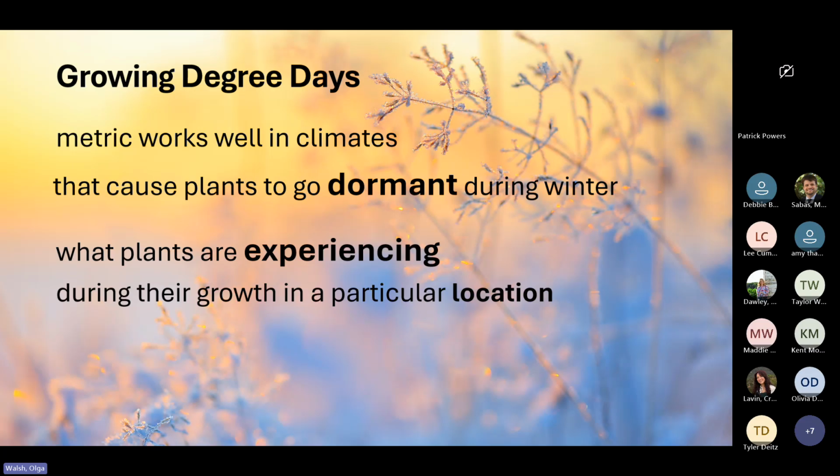So growing degree days helps us to standardize this. GDD is a value that is obtained as a sum of mean daily air temperatures throughout the growing season. So this is a cumulative temperature, whether these temperatures are above a plant-specific threshold. This threshold relates to the fact that a plant will only become physiologically active after it receives a sufficient number of heat units, or sufficient heat.